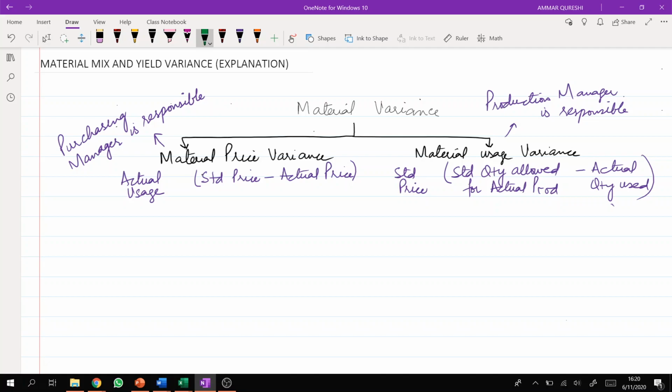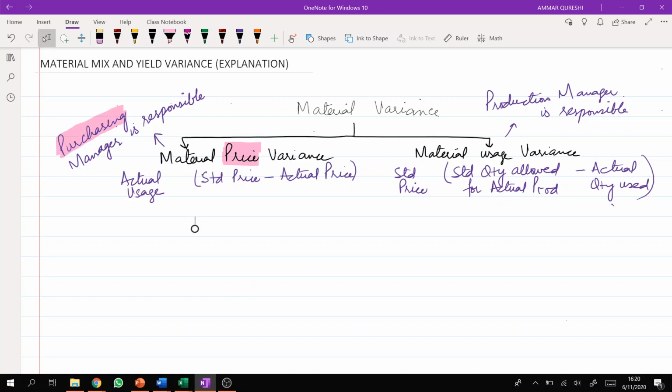As a starting point, I just wrote all those things which you have already studied in F2 or FMA paper previously. We know that material variance is divided into two parts: material price variance and material usage variance. Price variance is the responsibility of the purchasing manager. Why?